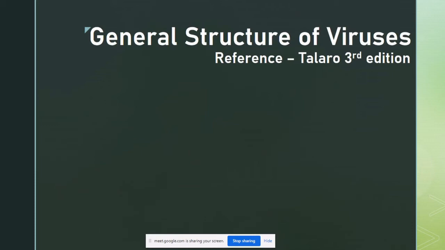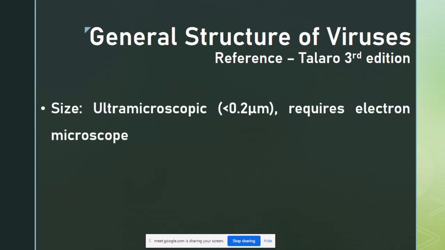Coming back to Toledo from this section, size is ultra microscopic and requires an electron microscope, as I told you. It is multiplied by host cells, meaning inside the host cell it multiplies. So the small viral progeny viruses can combine and they burst out from the cells.